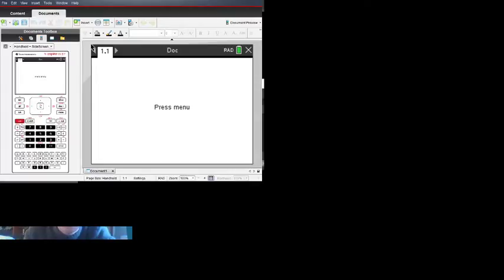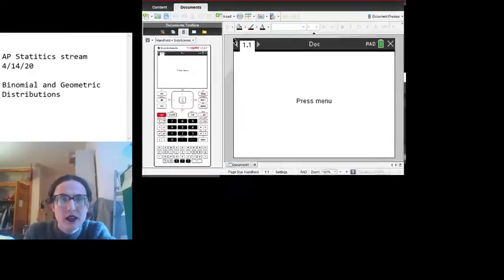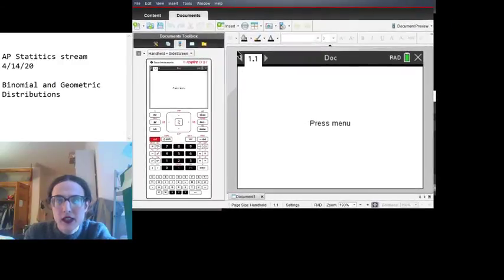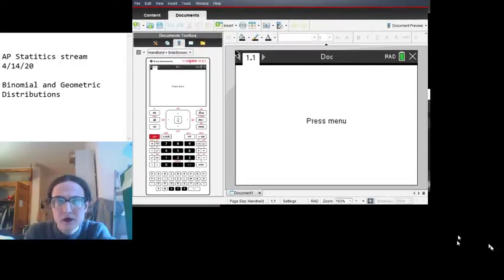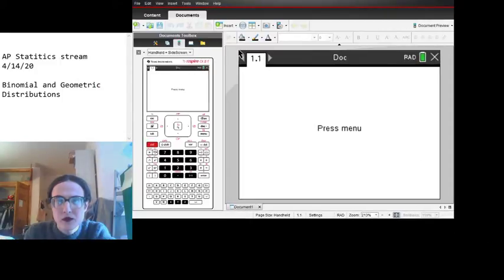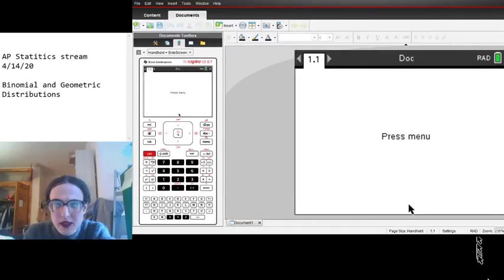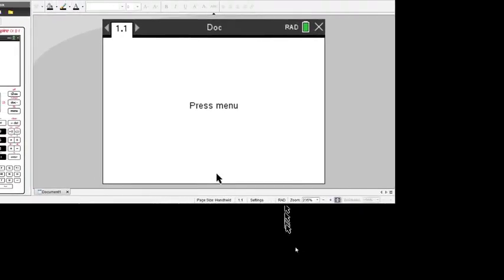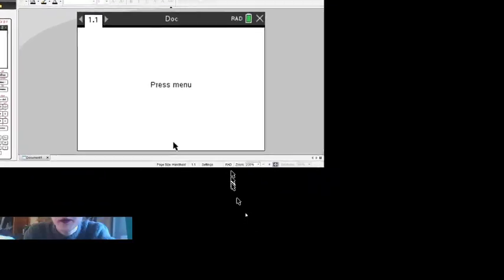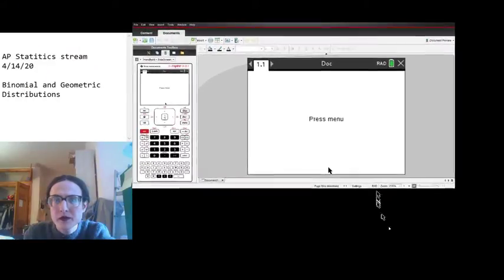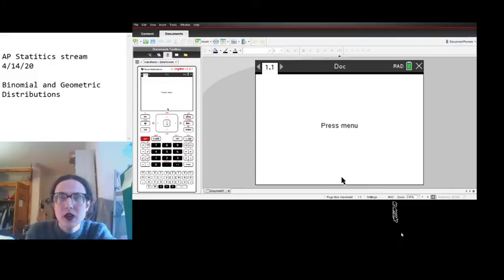There it is. Okay. Hopefully we are seeing the calculator. Let's resize this a little bit. Okay, cool. So hopefully you guys are seeing the calculator.